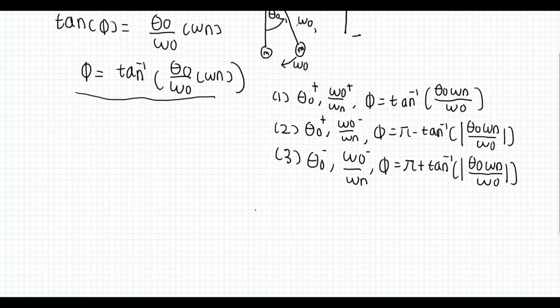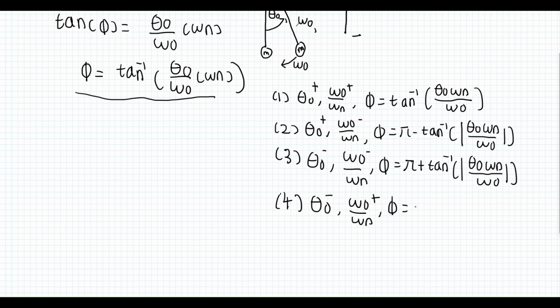And lastly, for the fourth quadrant, theta naught is negative, but omega naught over omega n is positive.